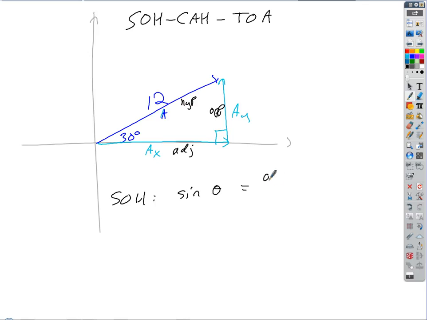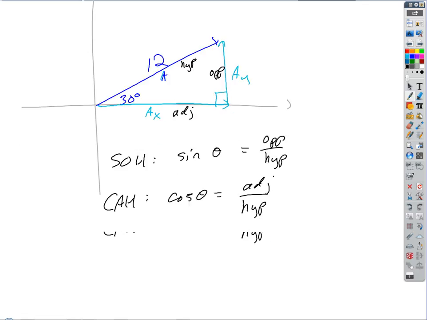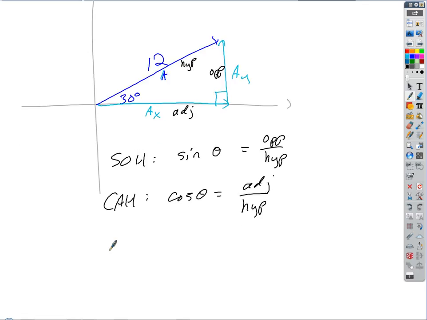So sine theta equals the length of the opposite over the length of the hypotenuse. That's what SOH means. What does CAH mean? Cosine theta equals the ratio of the adjacent side length over the hypotenuse. And then the last one, TOA: tangent theta equals the ratio of the opposite side length over the adjacent side length.